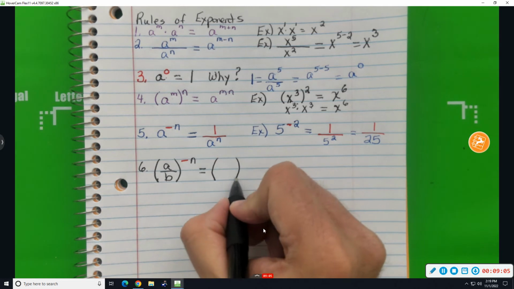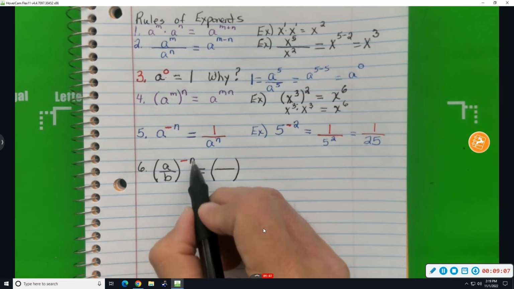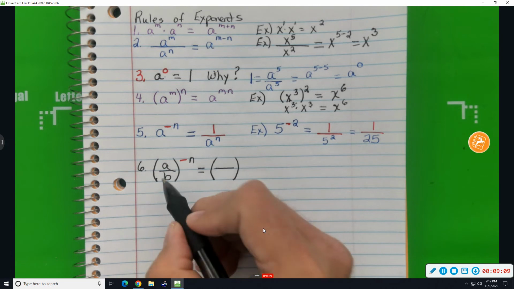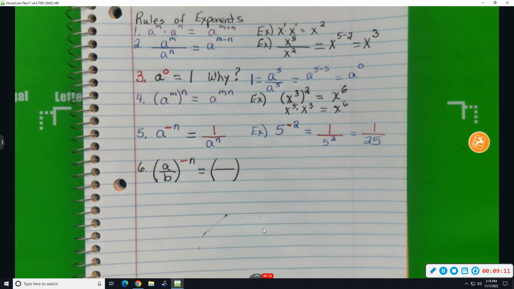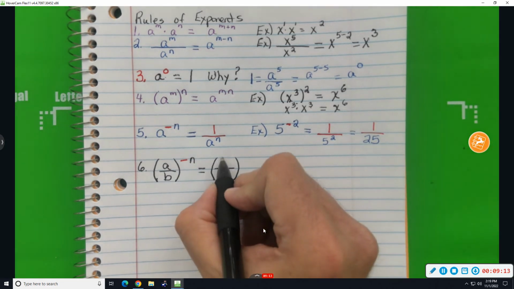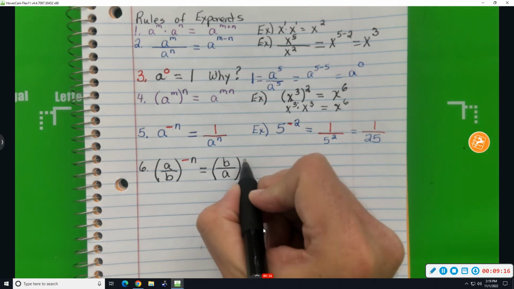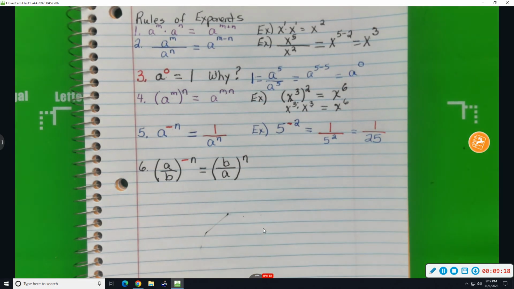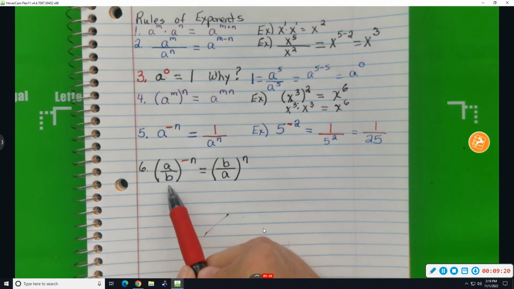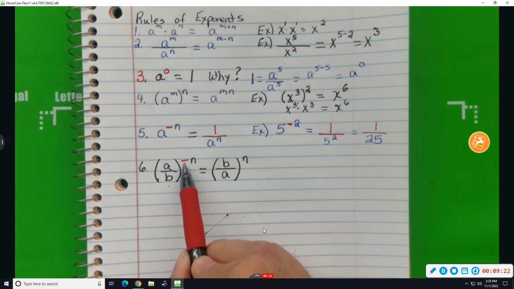Here's the definition of a negative exponent when the base is a fraction. A over b to the negative n is the same thing as b over a to the positive n. So just flip the fraction and drop the negative.